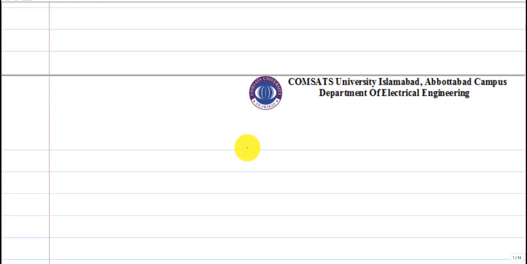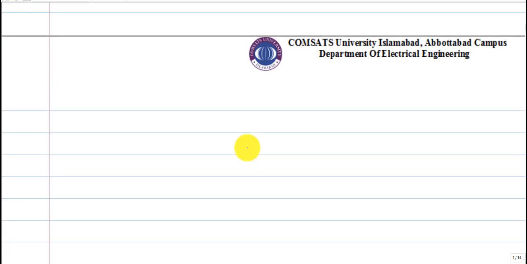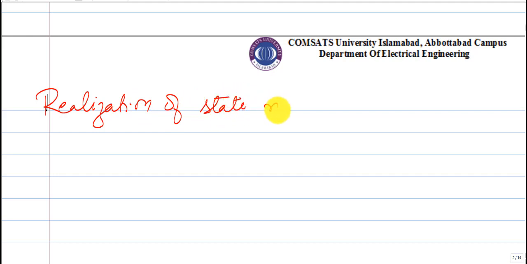In today's lecture we will discuss the realization of state models from the transfer function.